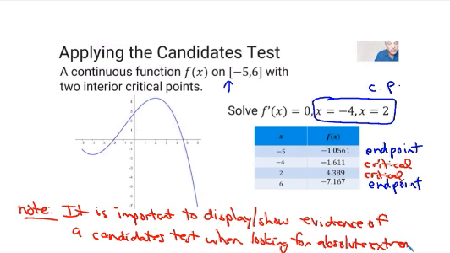Very important that there is evidence that you have checked all of the candidates. And we will stop there for today.